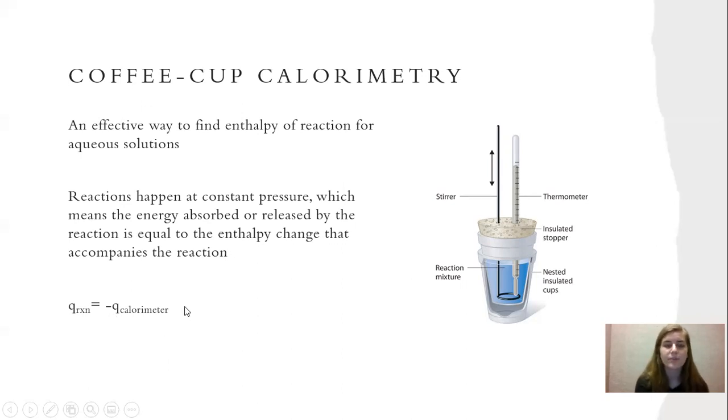And so that can mean if you drop a hot metal in there, then we could calculate the enthalpy or heat of the water because that's the calorimeter. And then we can just compare the positive to the negative. It's not super important for this section, but it's something to know and something that's really cool.